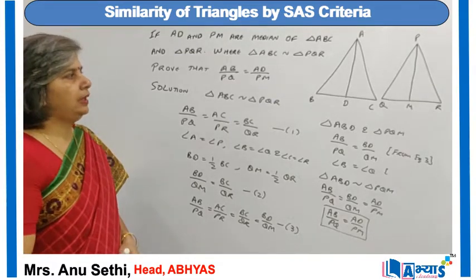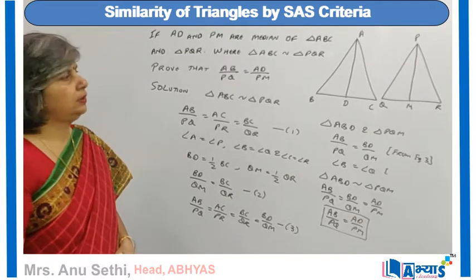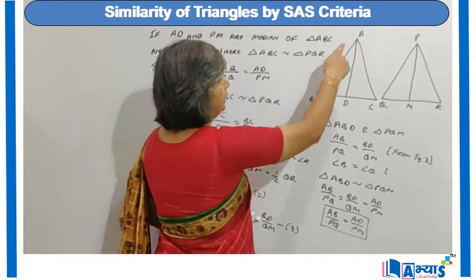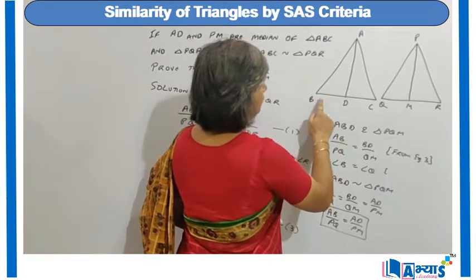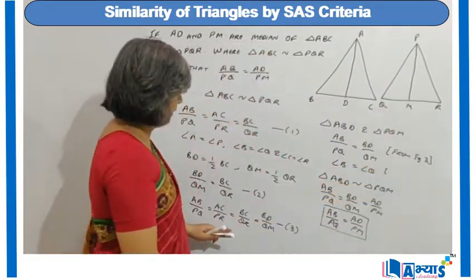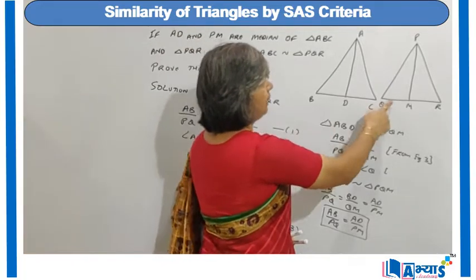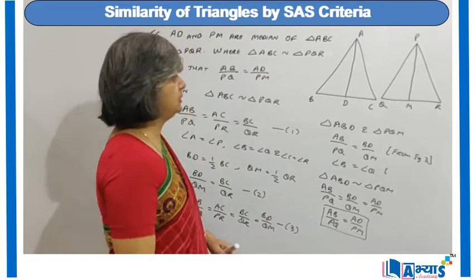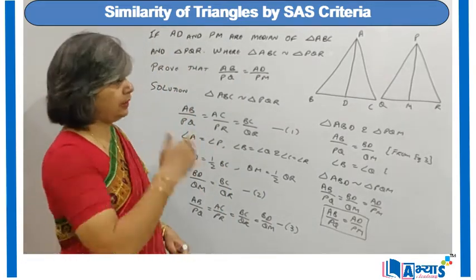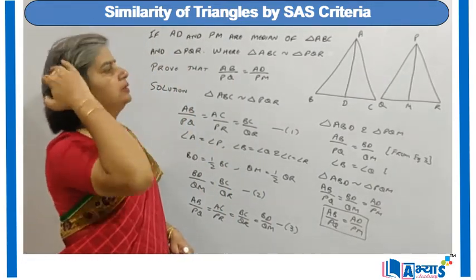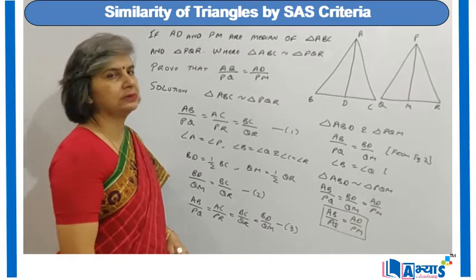Now in triangle ABD and triangle PQM, we know that AB upon PQ is equal to BD upon QM, as we have written in equation 3, and we know that angle B is equal to angle Q because the two triangles are similar, so the angles are equal, and it is the included angle in these sides.